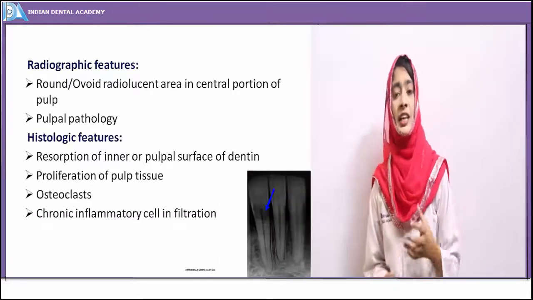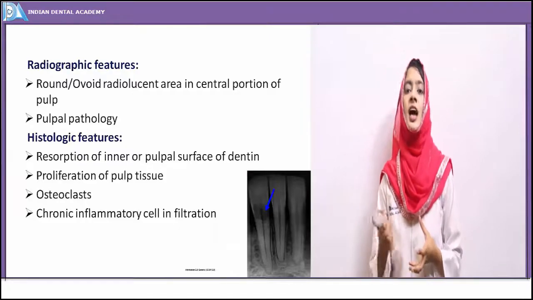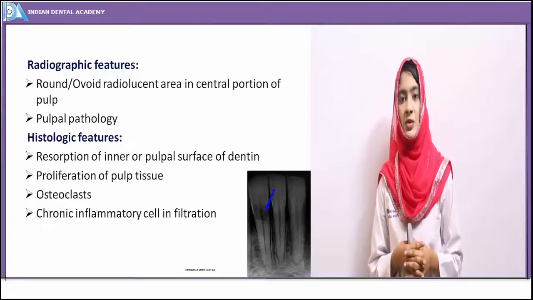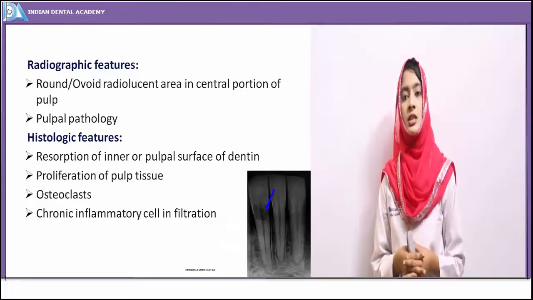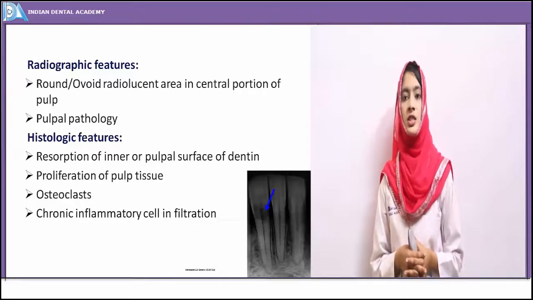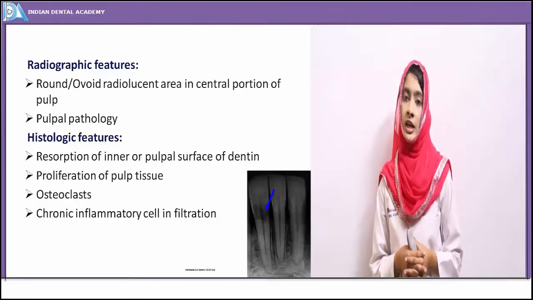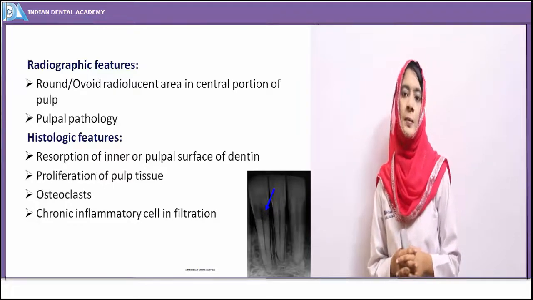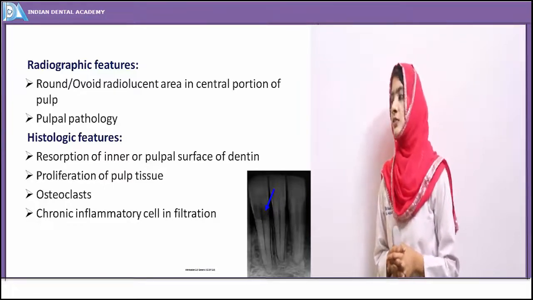Because of the activation of odontoclasts and resorption of the root surface or the crown surface, this internal resorption is also known as odontoclastoma. Radiographically, you can see a round or ovoid radiolucent area on the crown, and associated periapical infection is present invariably.